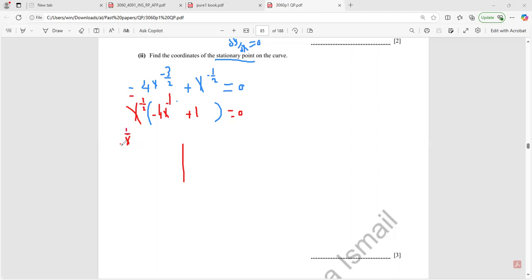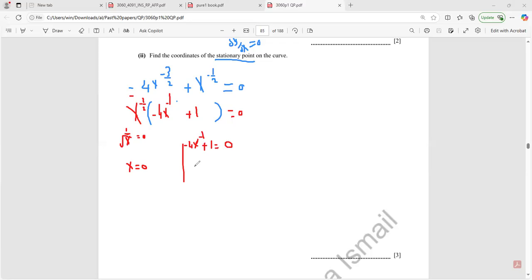One over root x, which is x to the power of negative half, equal to 0, which means that x equals 0. And the other factor is negative 4x to the power of negative 1 plus 1 equal to 0.